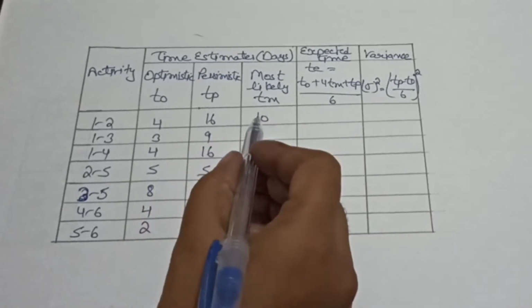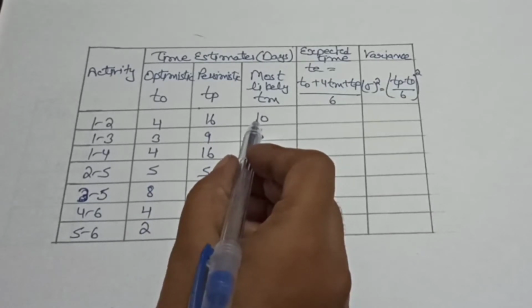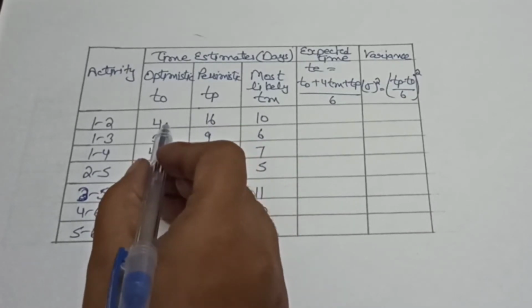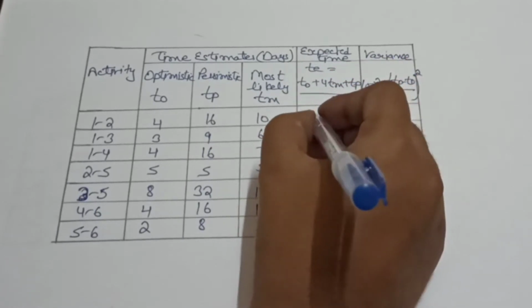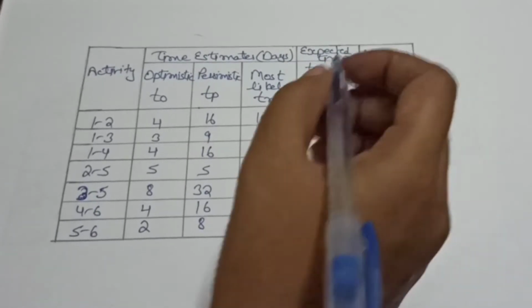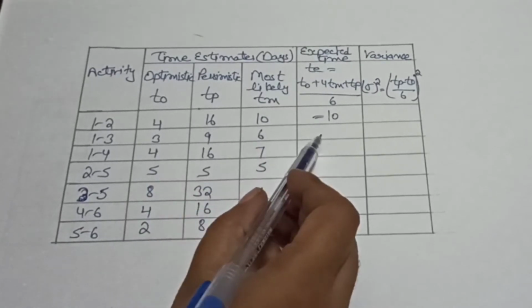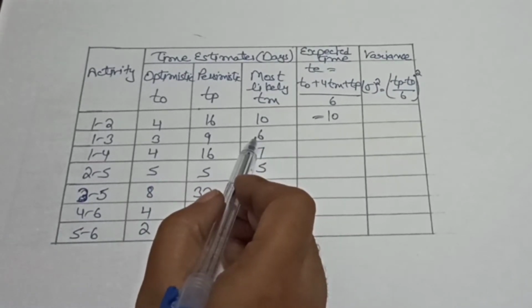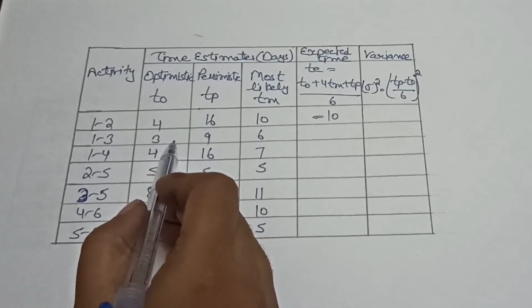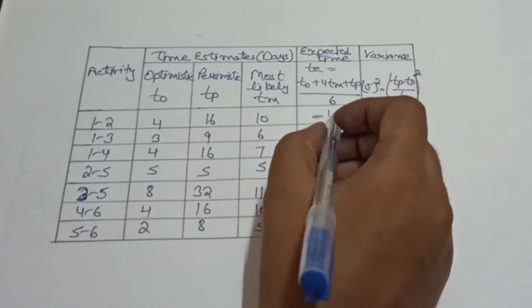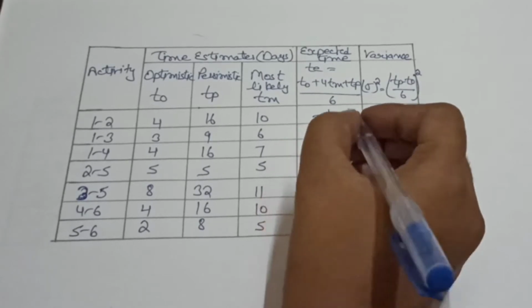So 10 into 4 is equal to 40, plus 16 plus 4 is equal to 60. 60 divided by 6 is equal to 10. For this second column, 6 into 4 is equal to 24, plus 9 plus 3 is equal to 36, divided by 6 is equal to 6.